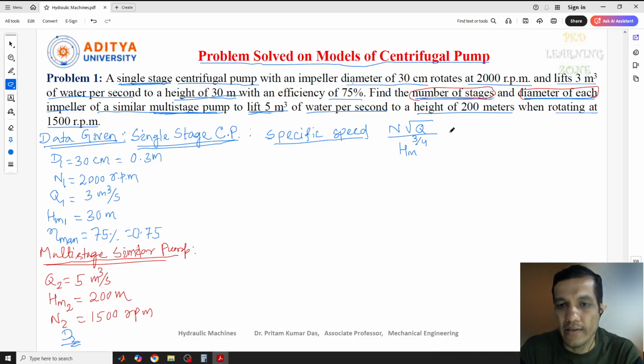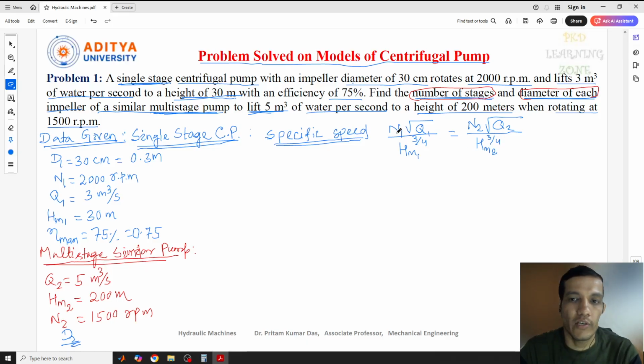As per the models of centrifugal pump, the specific speed for the model equals that for the prototype. So I'll write the same thing for the first one, and another equation for the second one: N2 root Q2 divided by HM2 to the power 3 by 4.